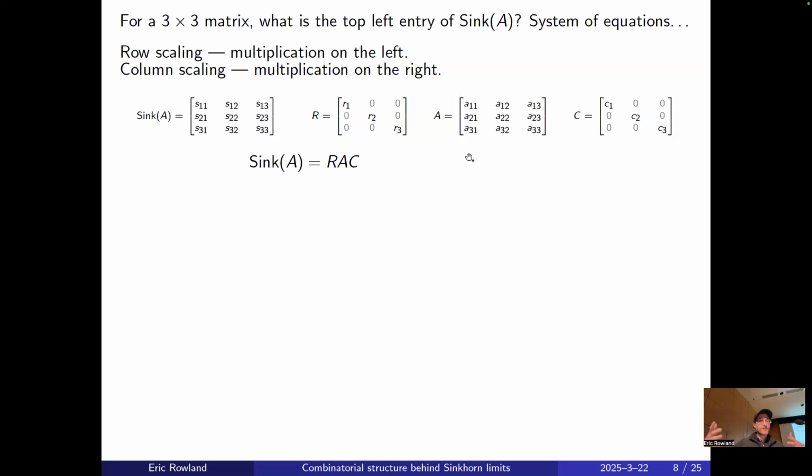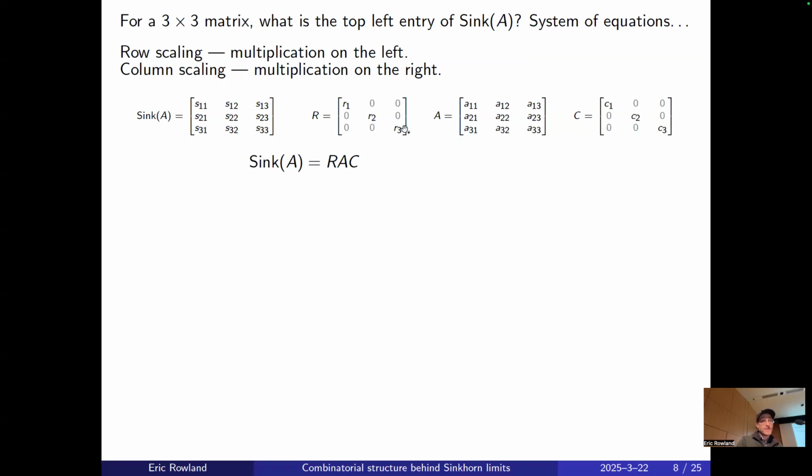So by scaling the rows and columns, you're multiplying on the left, multiplying on the right, multiplying on the left, multiplying on the right. So you're going to get an infinite product on each side. But it turns out that these infinite products converge. And so you can get from A to its Sinkhorn limit by multiplying a single diagonal matrix on the left and a single diagonal matrix on the right.